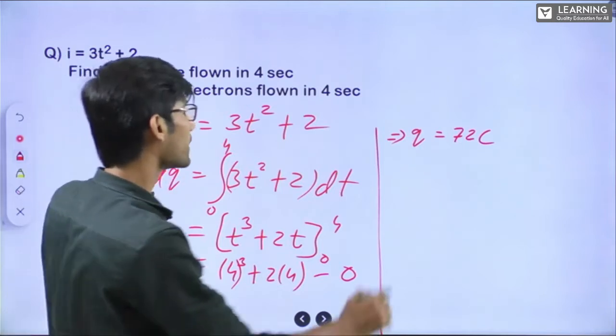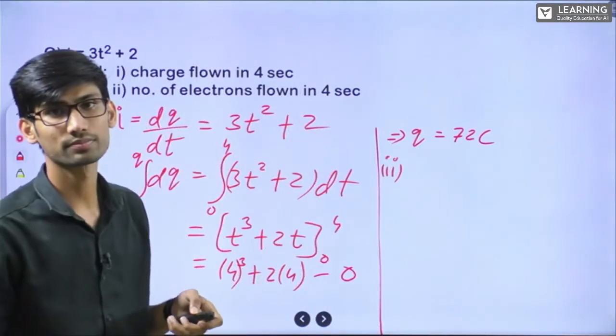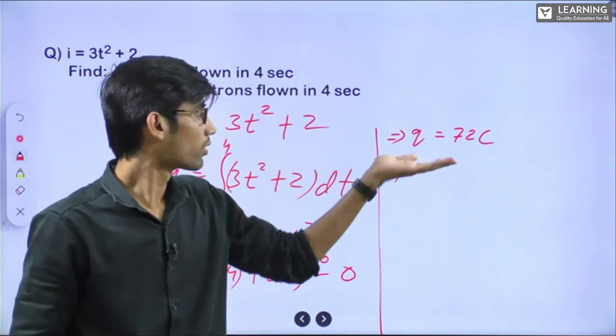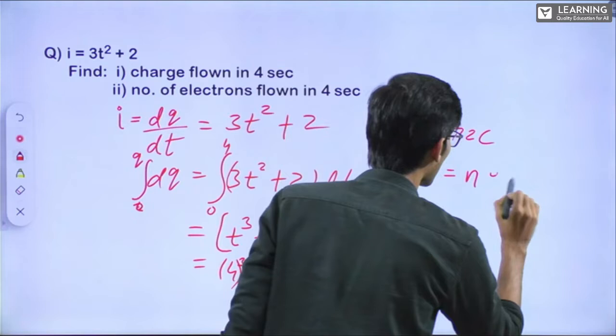Now, second is the number of electrons. How will we find the number of electrons? Charge is equal to number of electrons into charge of one electron.